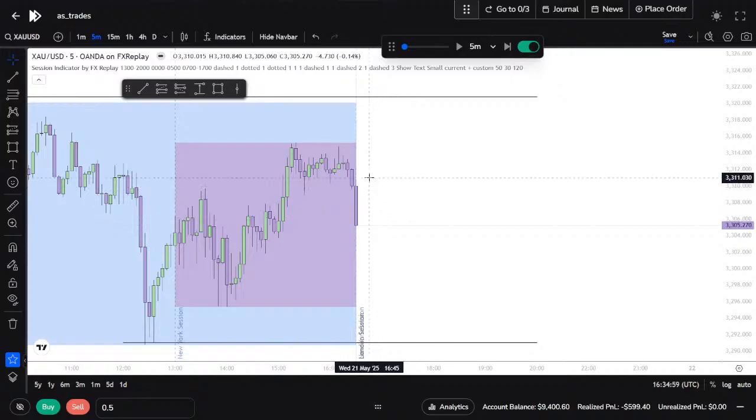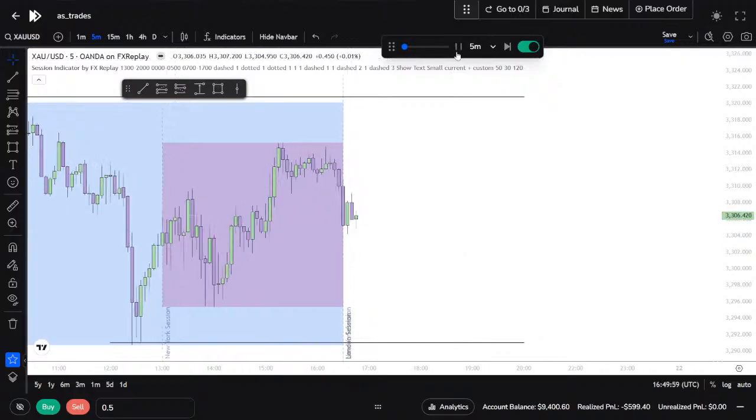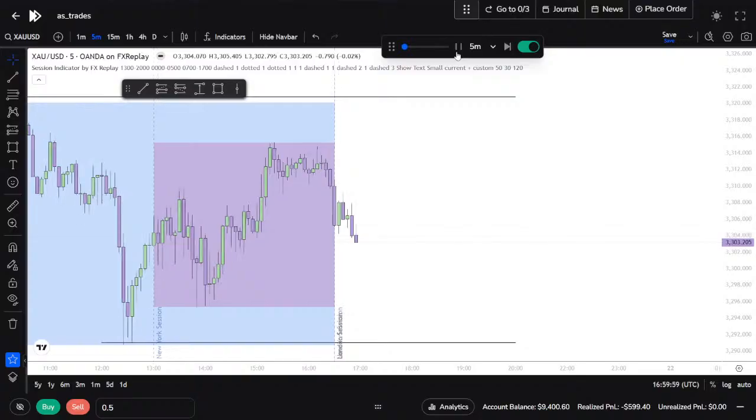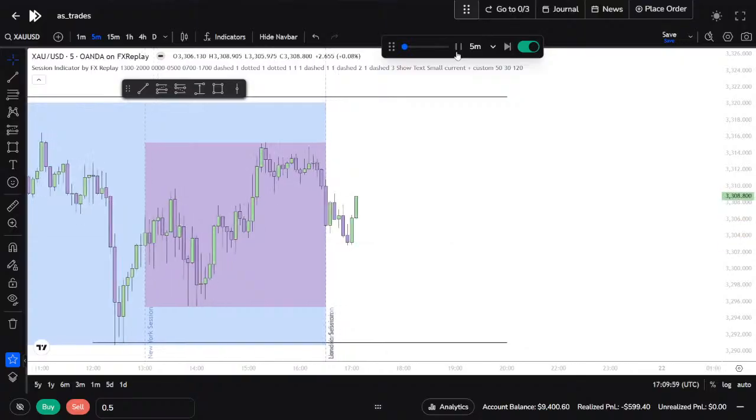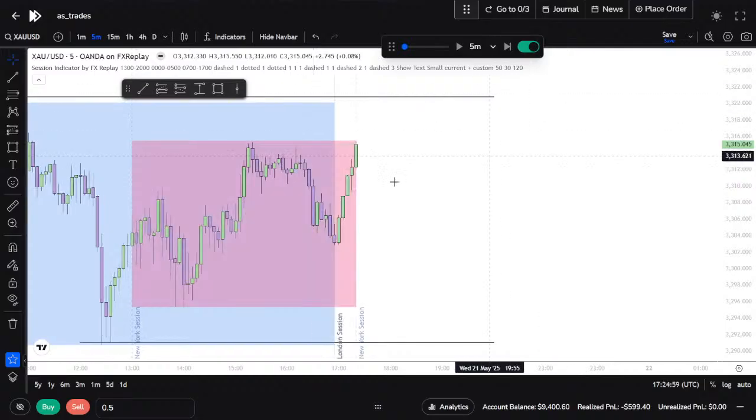But fair value gap there. What did it tap into here? I guess that's really a fair value gap, but that's just retracement.